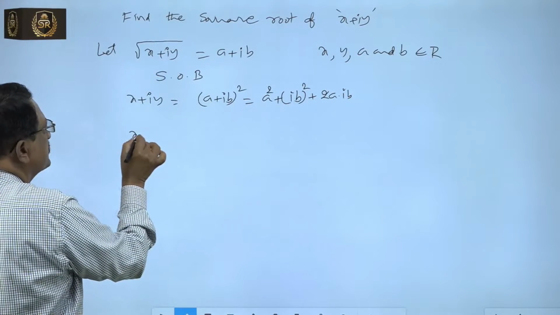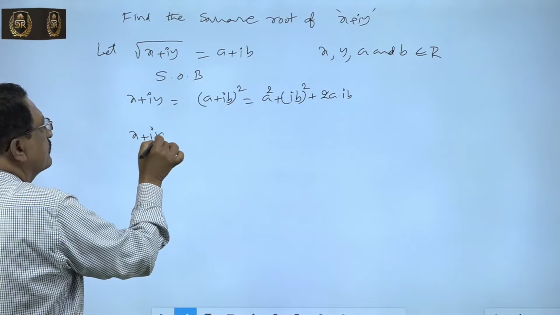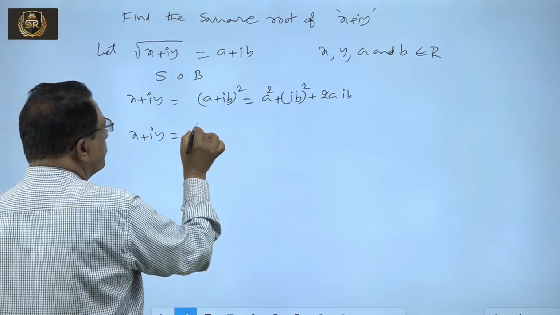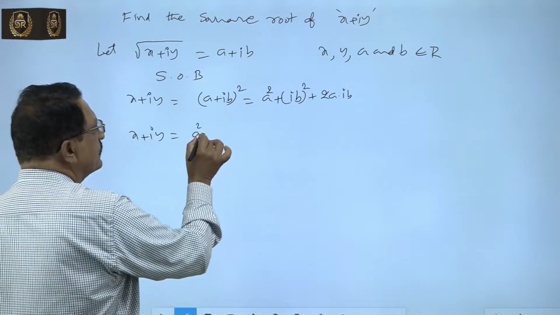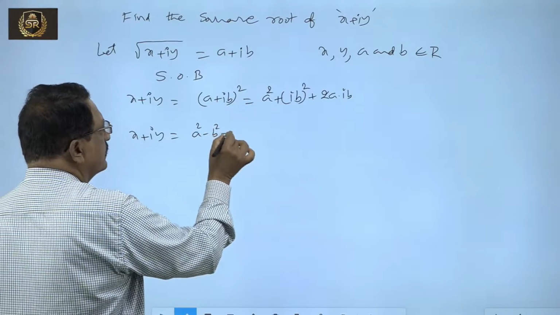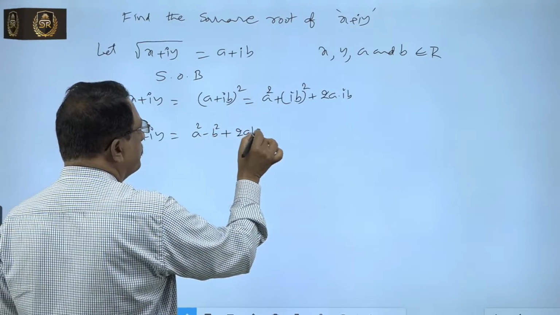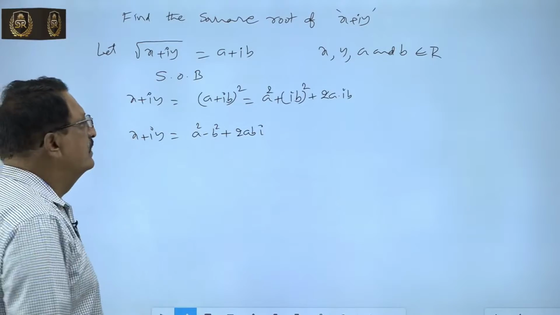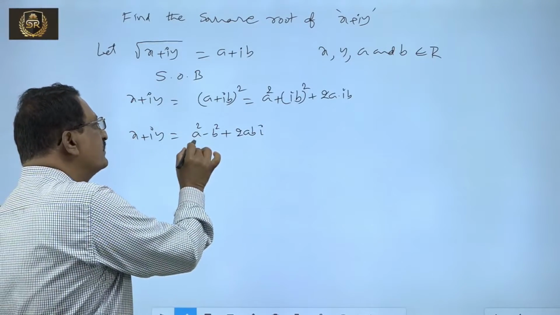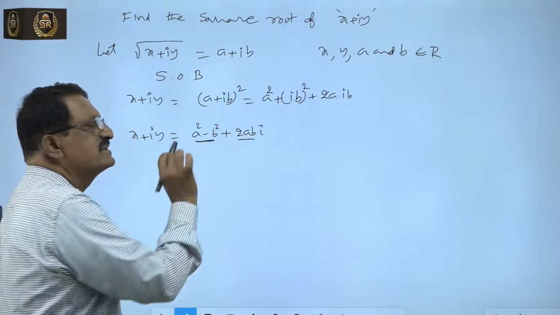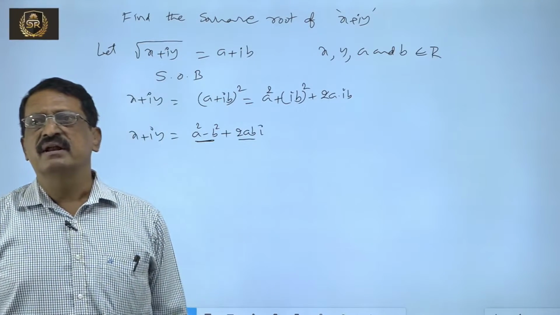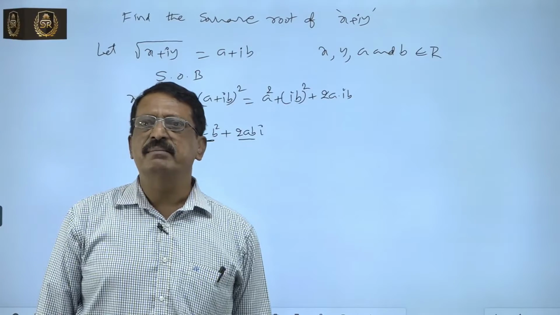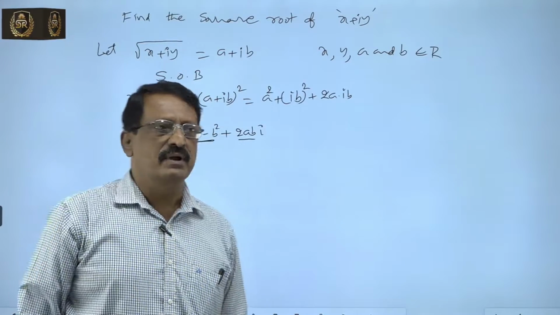Now x plus iy equals a squared, i squared b squared, but i squared equals minus 1, minus b squared plus 2abi. Now the right side is also in the form of x plus iy. If two complex numbers are equal, then real parts must be equal and imaginary parts are also equal.